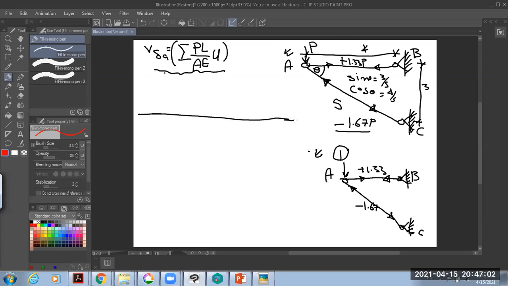What is in the table? You will see what the sigma is and you can calculate.